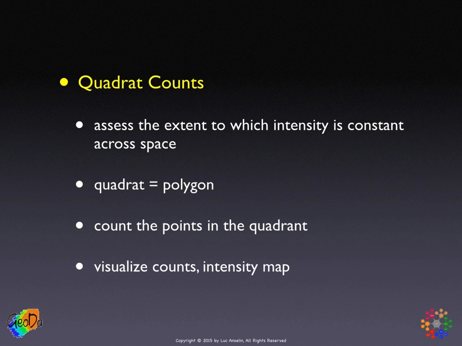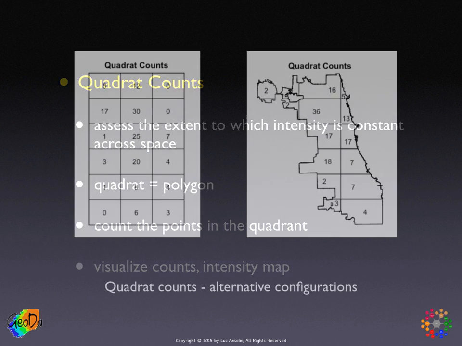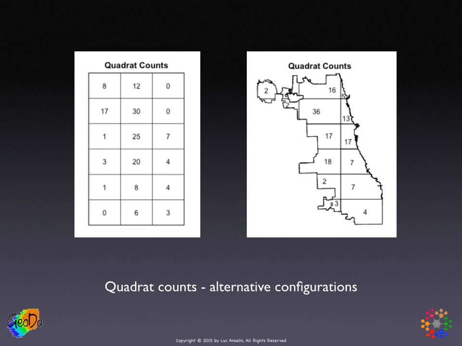And let us illustrate this for the Chicago example. Remember, there was the lake, and the lake didn't have any stores in it. So on the left, we have a traditional quadrat count grid with 3 cells in the horizontal dimension and 6 cells in the vertical dimension. And each of these cells gives the number of points in that cell.